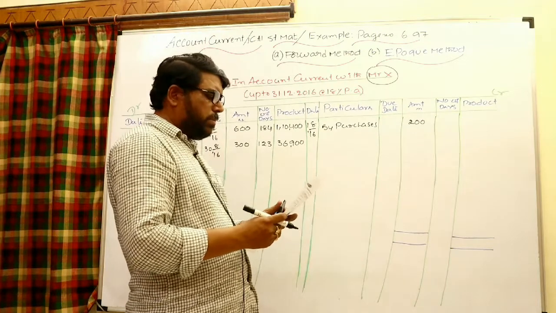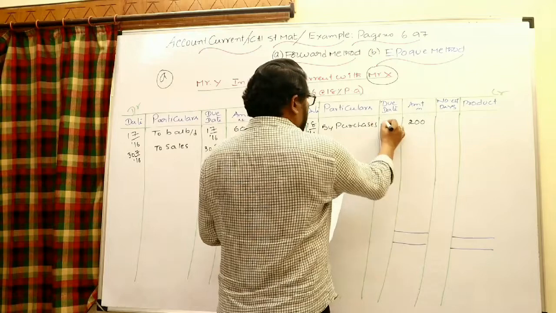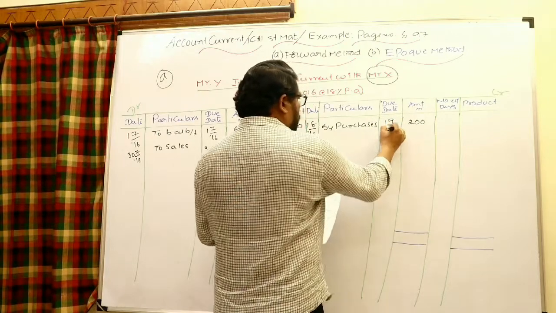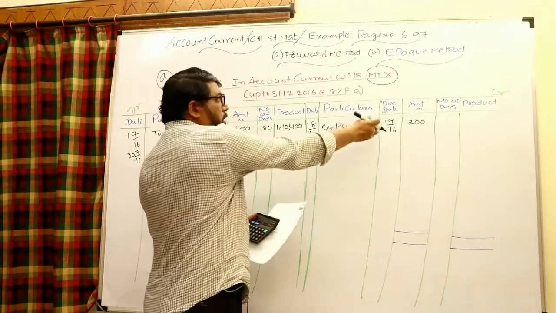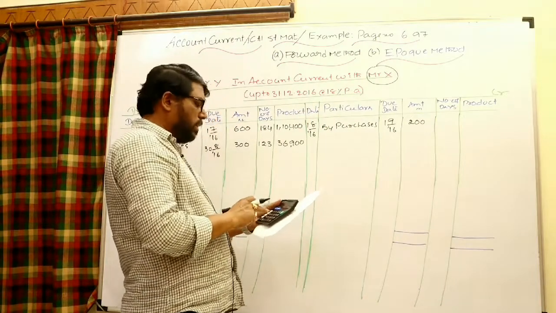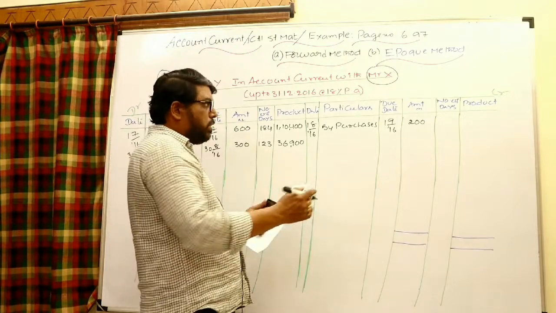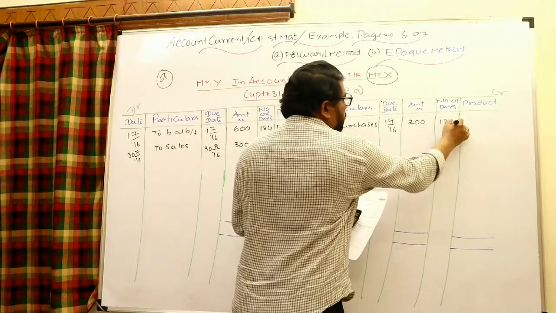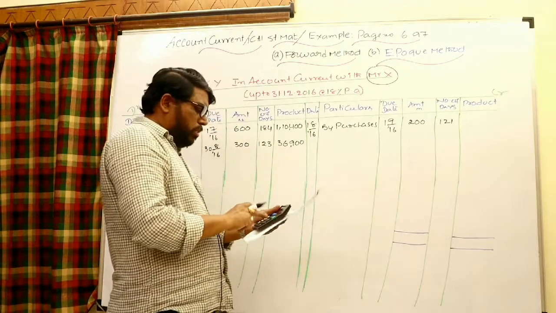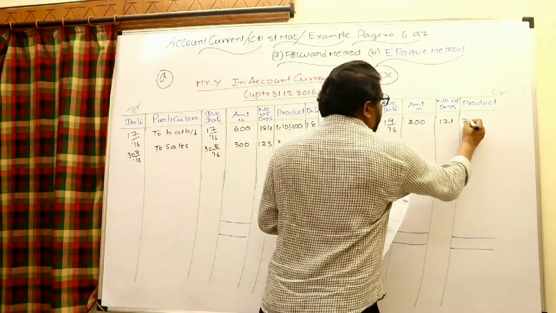So 1 month credit period means exactly 1 month to be added, 1/9/2016. So calculate from the due date to the settlement date. In September 29 days are there, October 31, November 30, December 31. Total 121 days. 121 into 200, look at the product, 24,200.